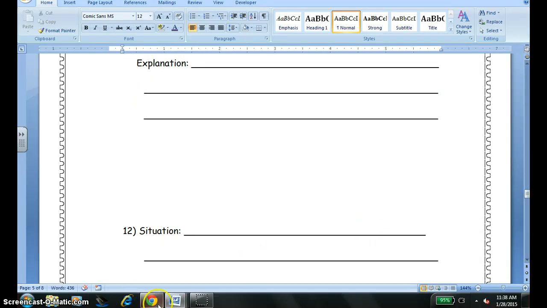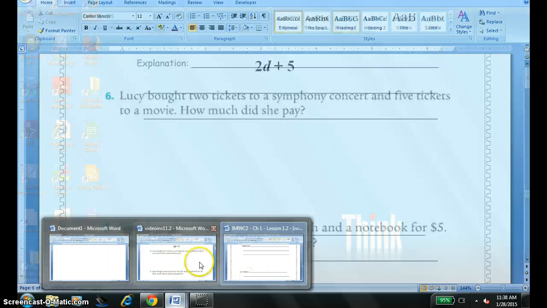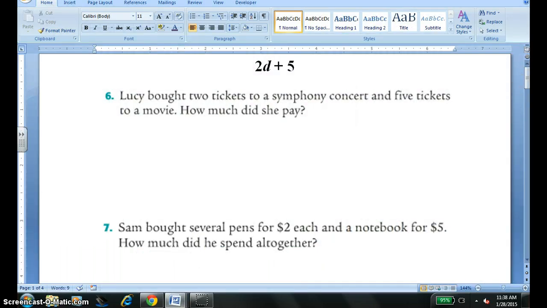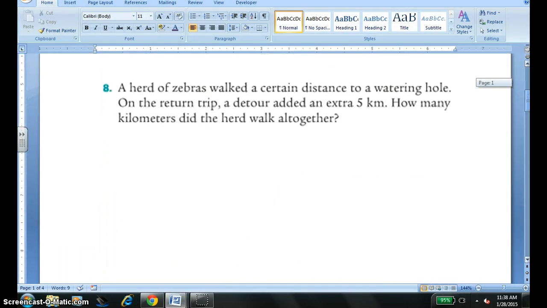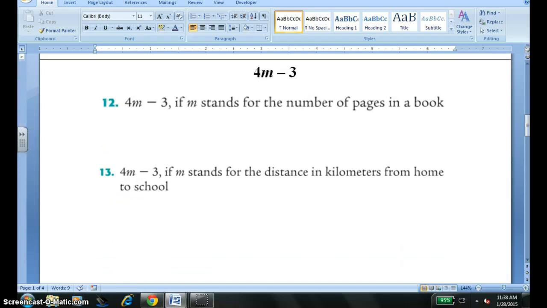Number 12 is a little bit different, and let's look at 12. You're given a different expression, 4m minus 3. Here it is, 4m minus 3. And this time you're given what the variable stands for, and you have to make up the situation.